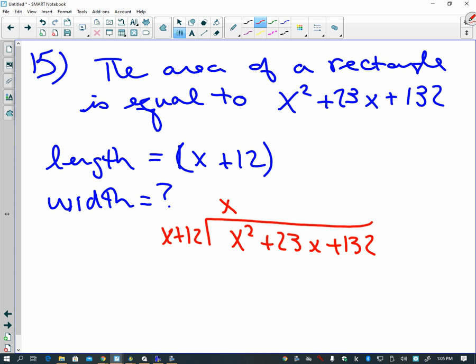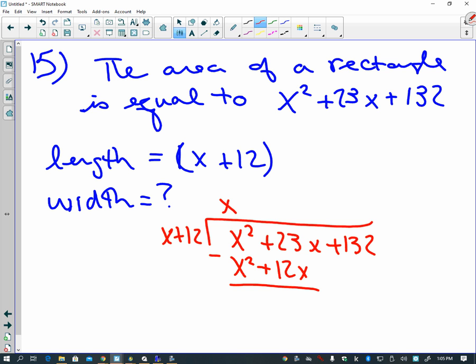Okay, so x times x is x squared. You put that down here, then what? Multiply x times 12. What's x times 12? Where do I put that? Okay, so plus 12x.